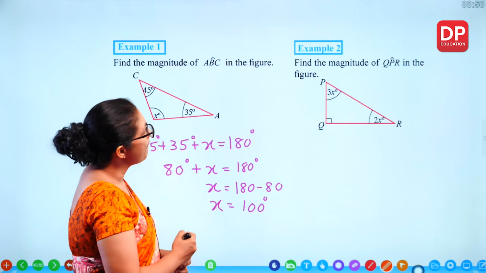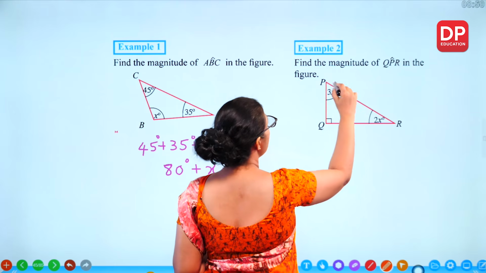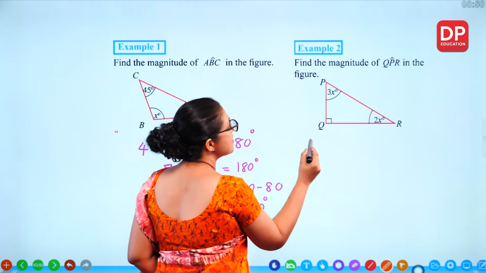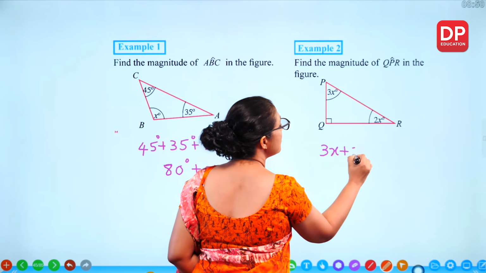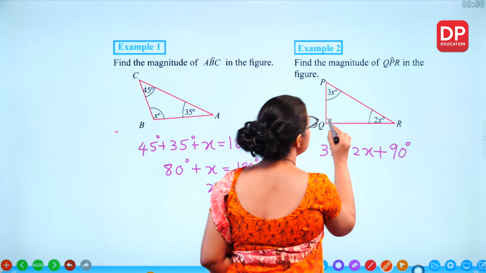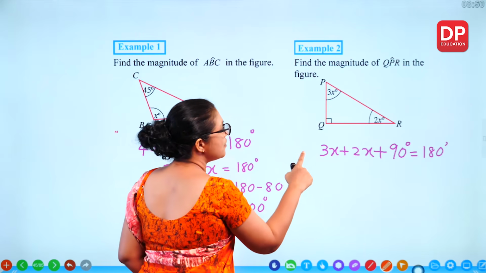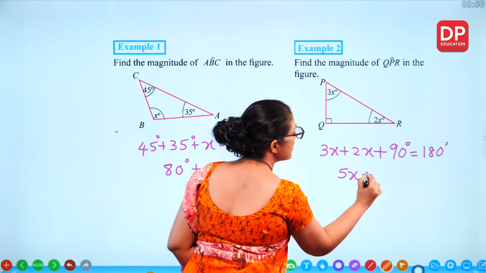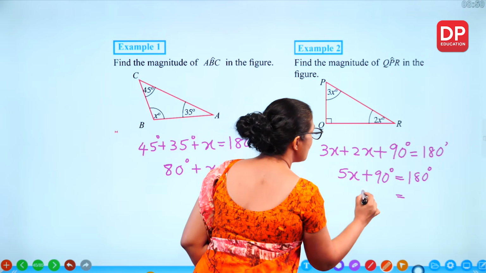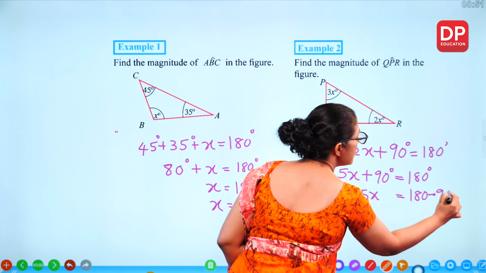Example number 2. Find the magnitude of QPR. QPR means 3x angle. This is a right angle triangle. The sum of angles in a right angle or any triangle adds up to 180. So this is 90 degrees. 3x and 2x becomes 5x. And now subtract 90 from both sides. You get 5x equals 180 minus 90.